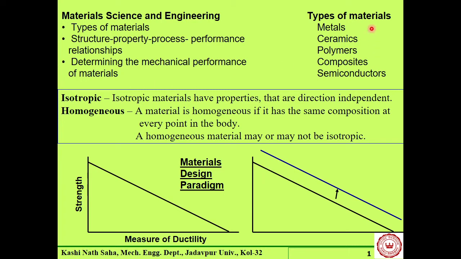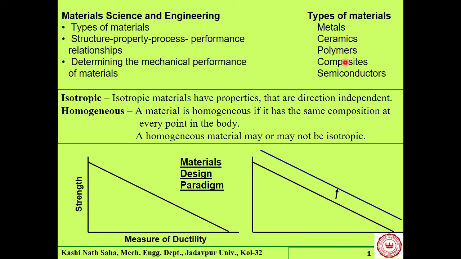So, we will be discussing mainly engineering materials. As mechanical engineers, our discussion would be mainly on these types of materials, not much on semiconductor materials: metals, ceramics, polymers, composites, etcetera.